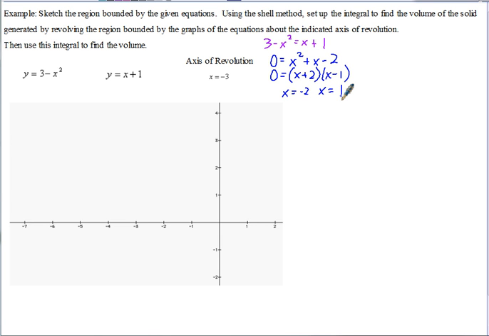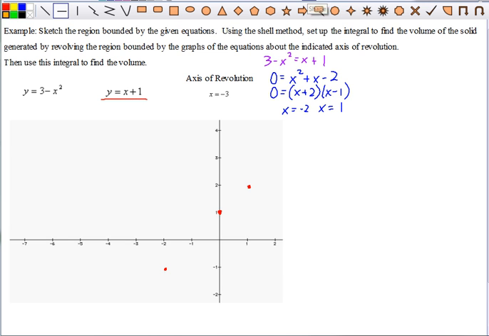And this one you can just see is going to be a linear equation, x plus 1, with a y-intercept of 1 and a slope of 1, so it intersects there at 1, that's one point of intersection right there. And then right down here, another point of intersection. So let's go ahead and graph that one.